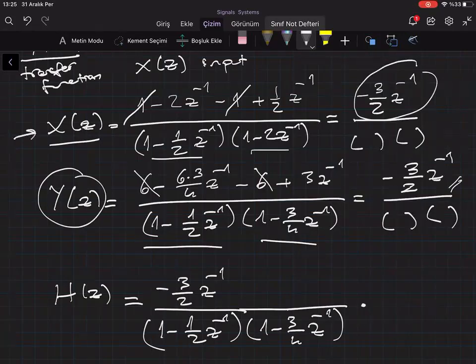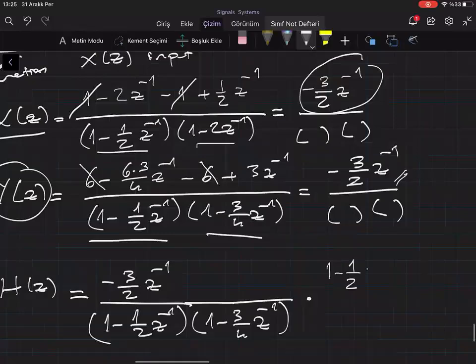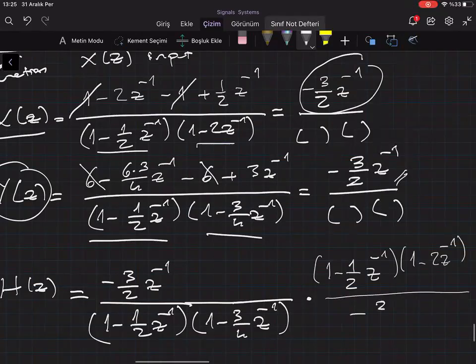So I'm going to write 1 minus 1 over 2 Z to the power minus 1, 1 minus 2 Z to the power minus 1, divided by minus 3 over 2 Z to the power minus 1.